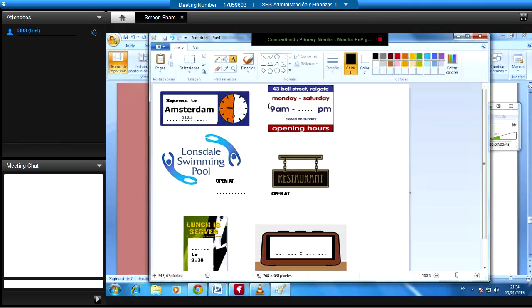Remember that in English we can read the time in one direction or the other. So we can say 11:05, or if we read it the other way... we don't say 11:05 with the O in the middle. O is the 0.